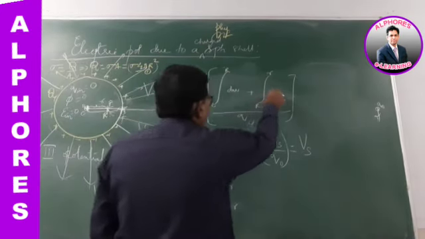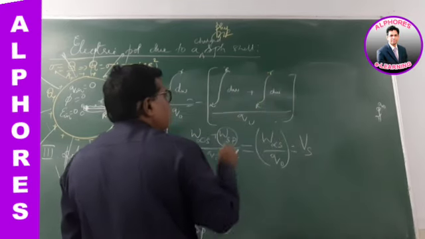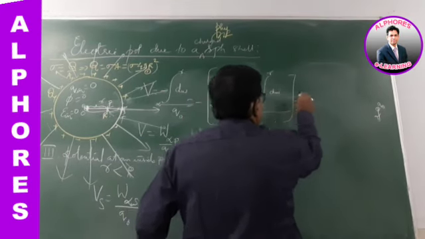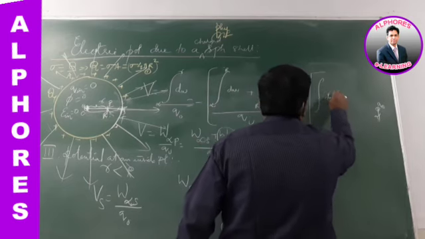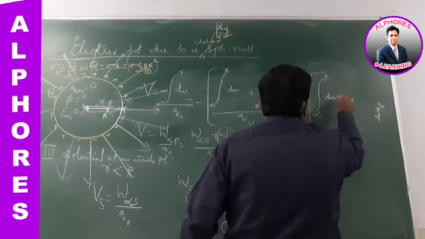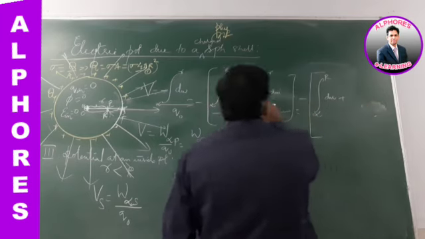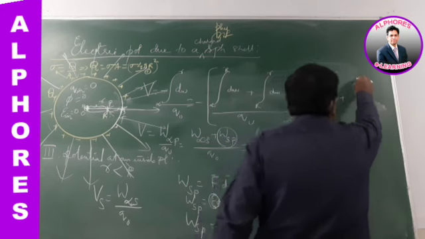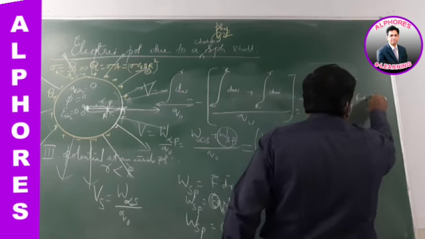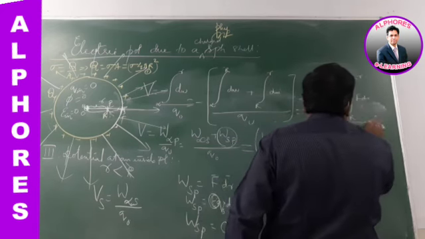So it is minus the integral of dw from infinity to capital R, plus the work done in moving from capital R to small r, which is the integral of f dr from capital R to small r by q naught.